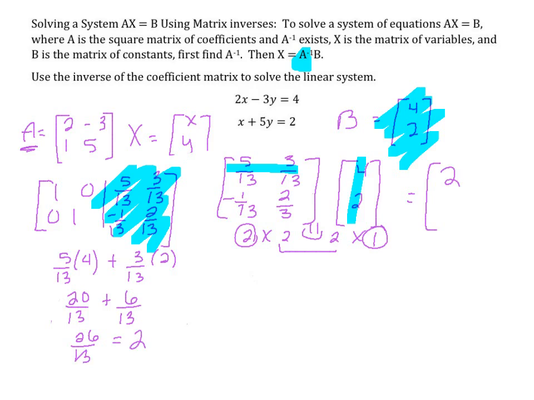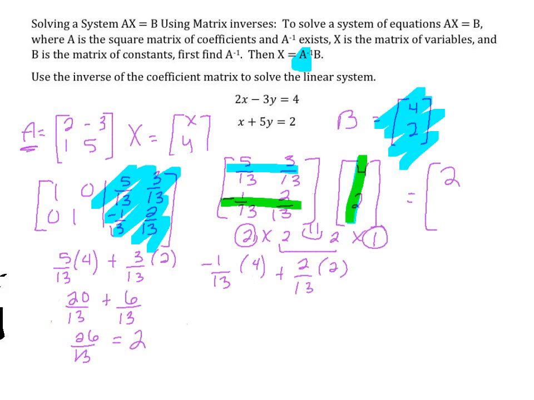And now we'll do the same. We want to take our bottom row times everything on the right. So we'll have -1/13 times 4 plus 2/13 times 2.